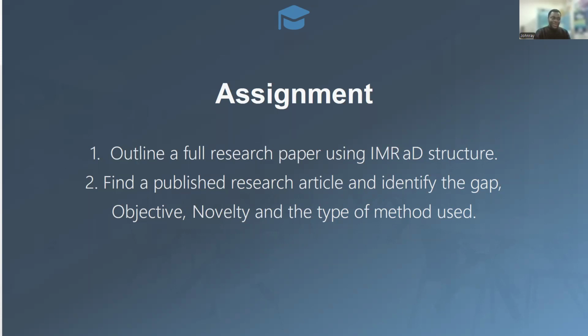You outline all the IMRaD structure, state them, and write what has been stated in each of them, what must be included in each part. Then you find a published paper or article or anywhere, and you go and find the gaps in it, and the objective, the novelty, and the types of method they use in that work.